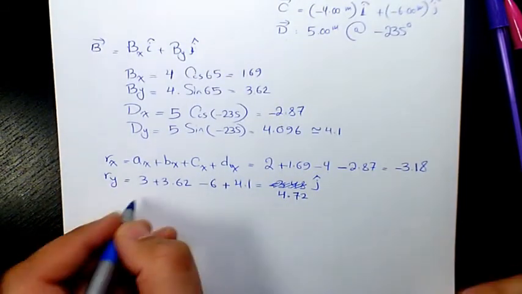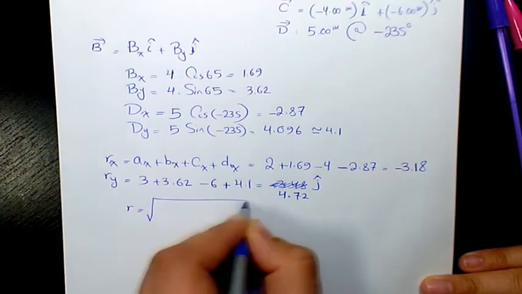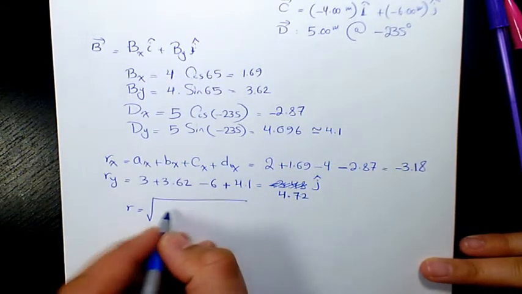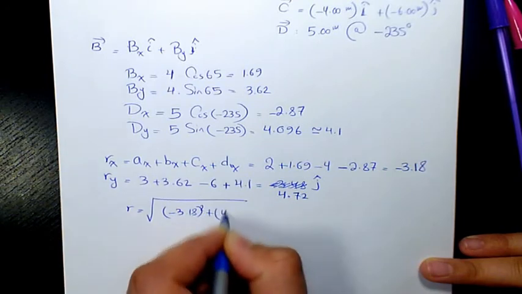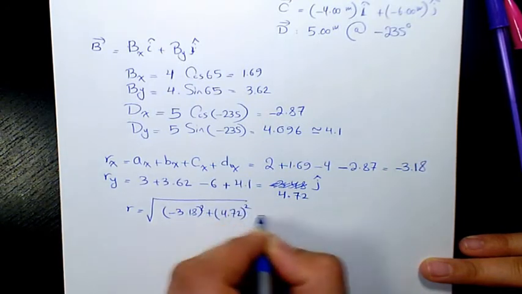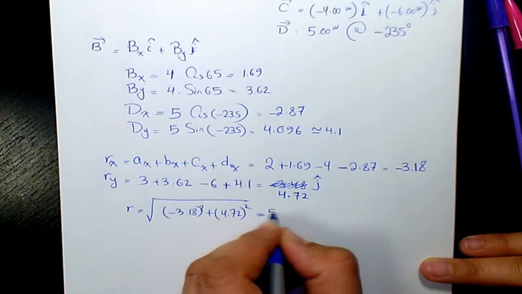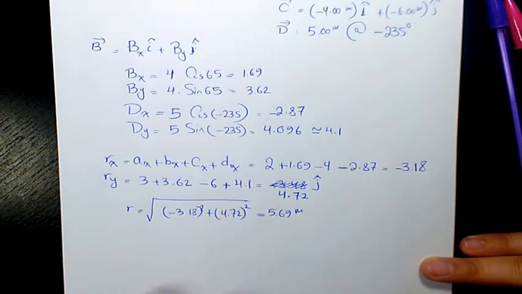So the magnitude is going to be R equals the square root of Rx squared plus Ry squared. So negative 3.18 squared plus 4.72 squared. When you find the square root, it's going to be 5.69 meters.